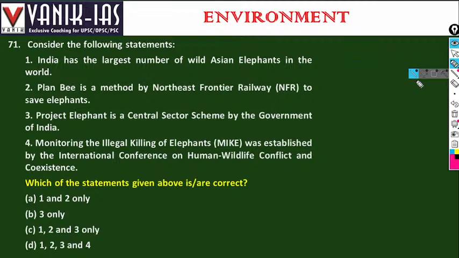Consider the following statements. India has the largest number of wild Asian elephants in the world. Plan B is a method by Northeast Frontier Railway to save elephants.